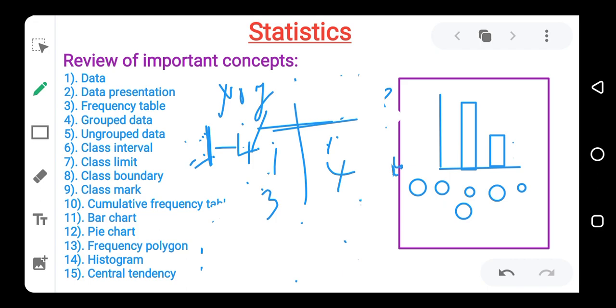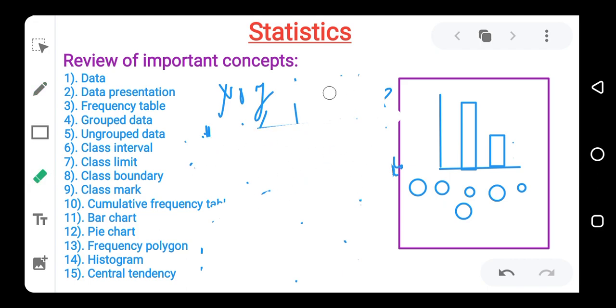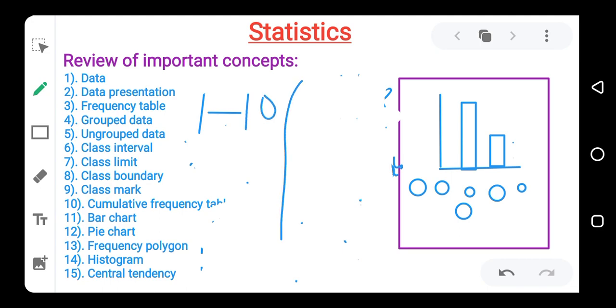Now, assuming we have a table, we have 1 to 10 and the frequency of it is 2.